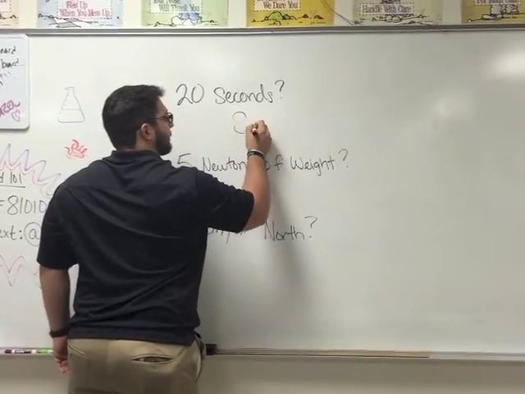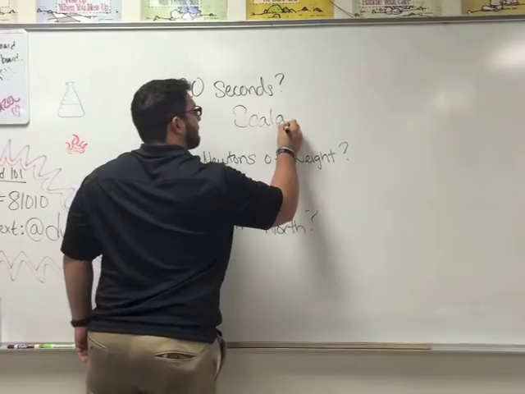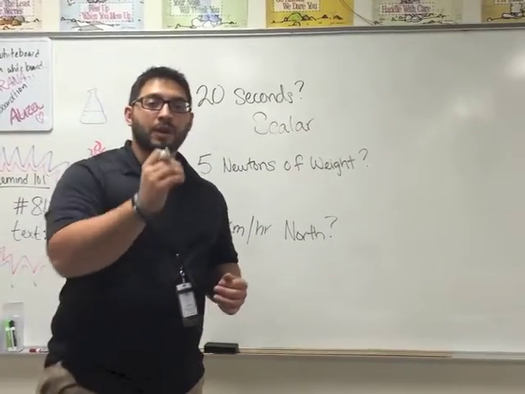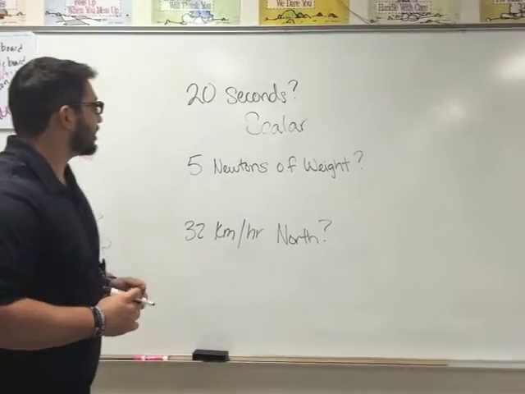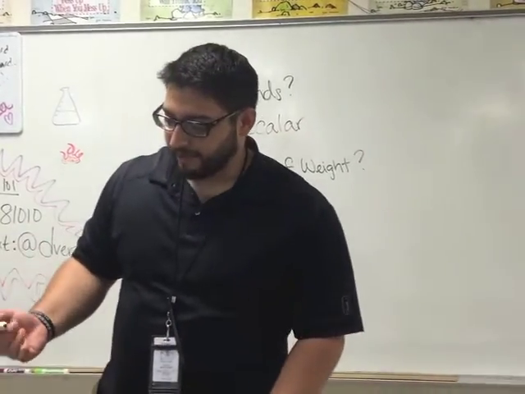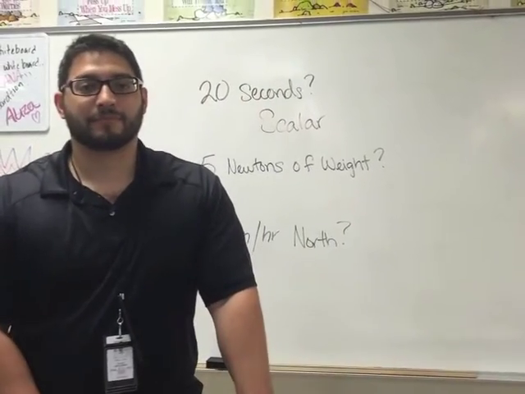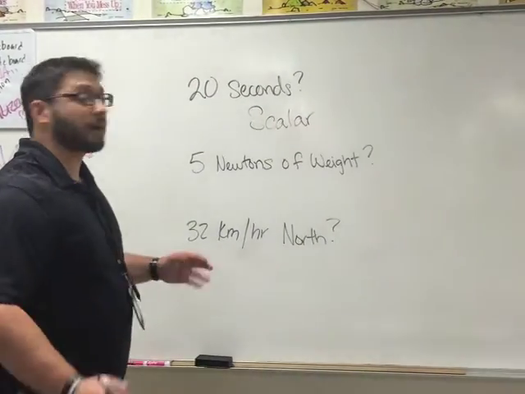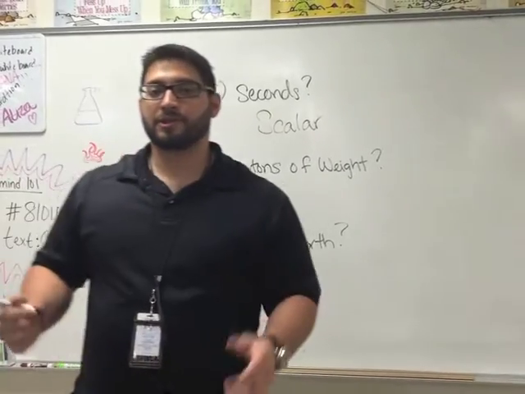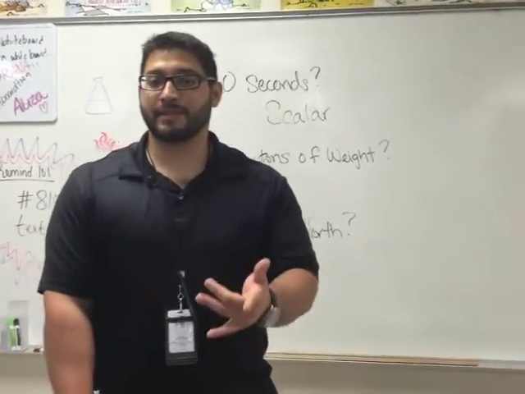I'll write this down. And now that you have this, we can move on to the next one. The next one says 5 newtons of weight. Does it have a magnitude and a direction? Well, we have our magnitude, 5 newtons of weight. Do we have a direction? No, so that makes a scalar.